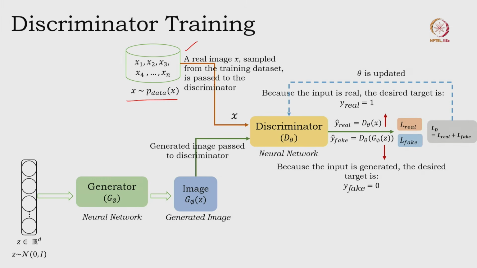It is the underlying distribution of the original, or real, data set. Don't get confused, just because we have written this, we are not learning any of this probability. No, X is sampled, X is taken from this particular distribution. This means X is a sample drawn from the real data distribution. That's the meaning of this particular line.